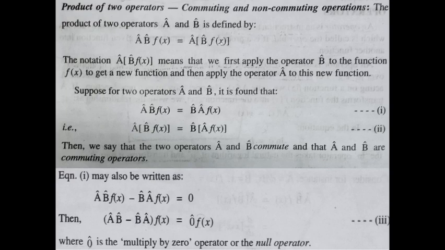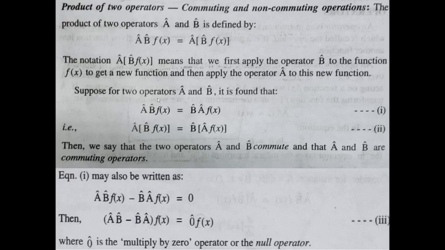Both should be equal, but in the case of operator algebra this case is different. The notation A operator acting on B operator acting on f(x) means that we first apply the operator B to the function f(x), and then whatever we get, A operator acts on the resulting new function.